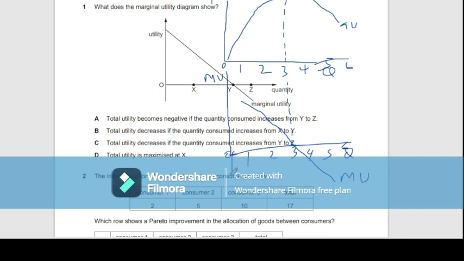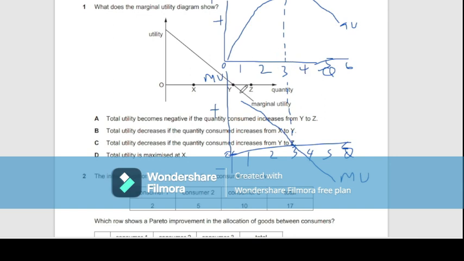So here the marginal utility is 0, here is negative, here is positive. Total utility is positive throughout, even though beyond the point where the marginal utility is 0, the total utility will start decreasing. So our question was, what does the marginal utility diagram show? Total utility becomes negative if the quantity consumed increases from Y to Z. Let's check.